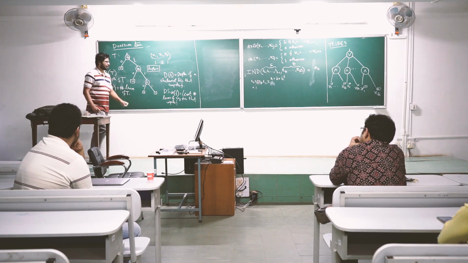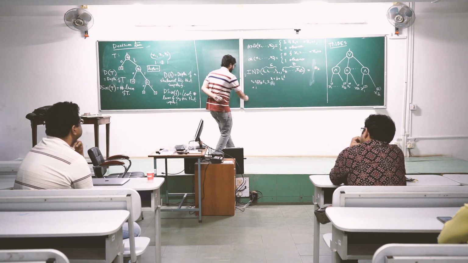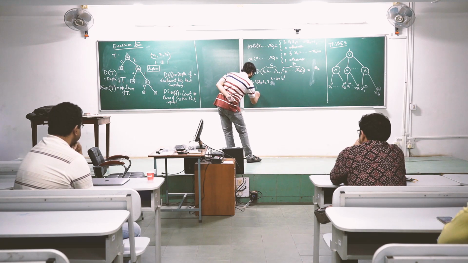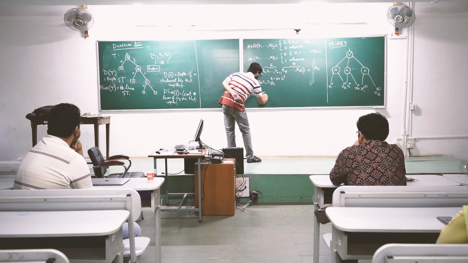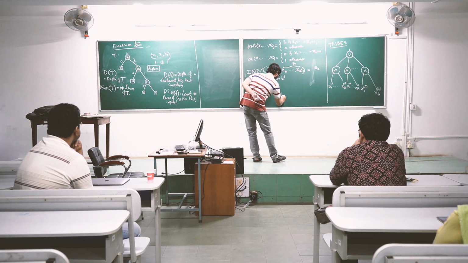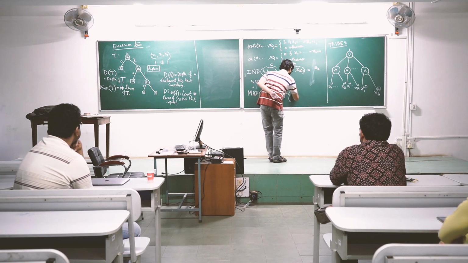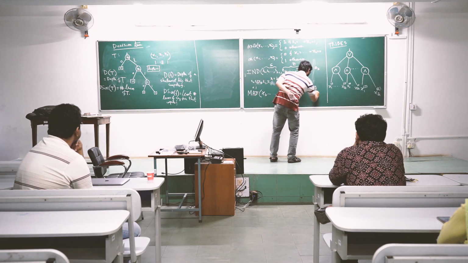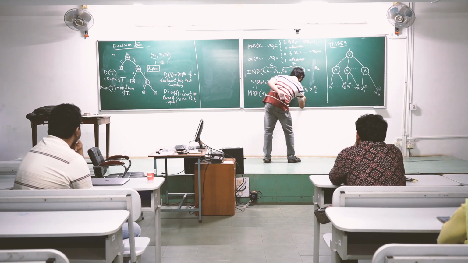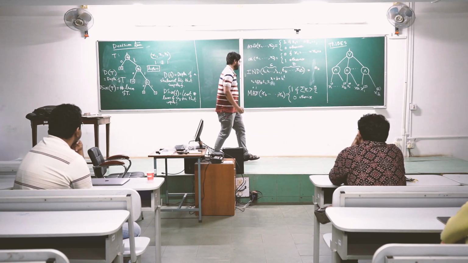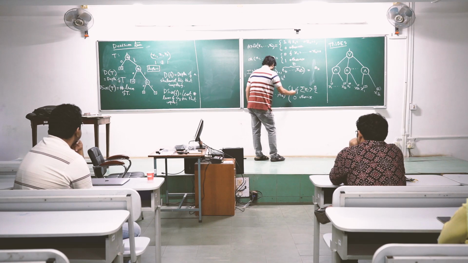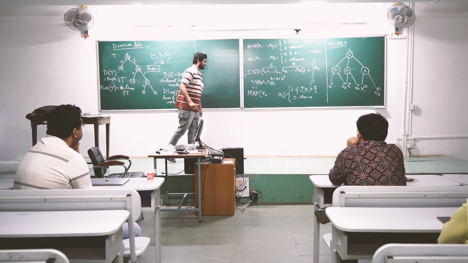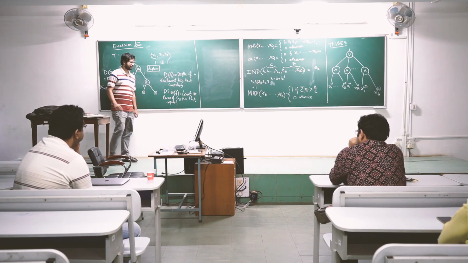So for instance, I forgot to mention another function here. It's called the majority. So let's say n is odd, and majority of x1 through xn is 1 if there are more 1s than 0s, and 0 otherwise.